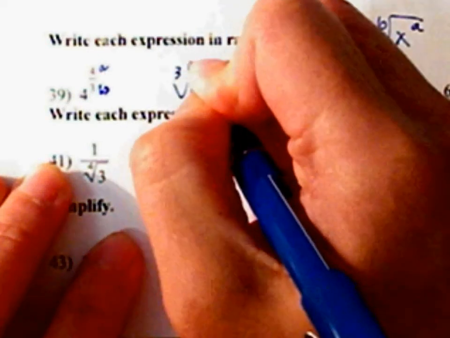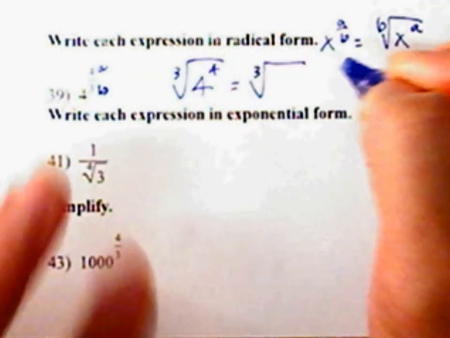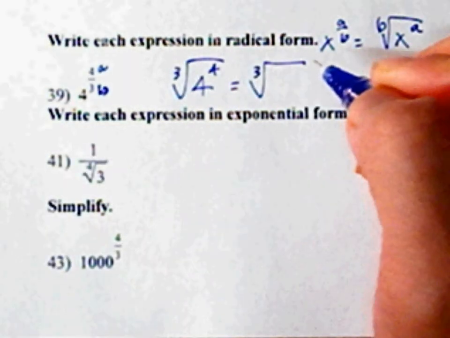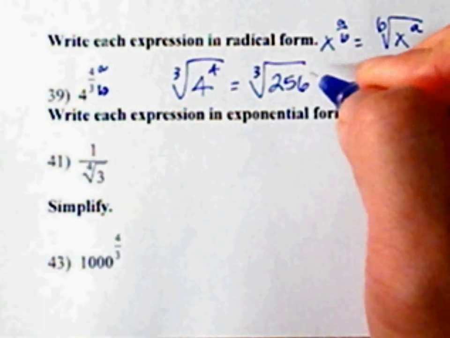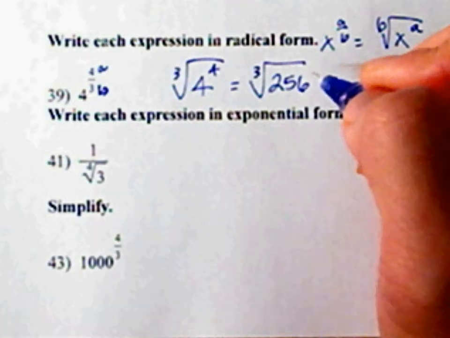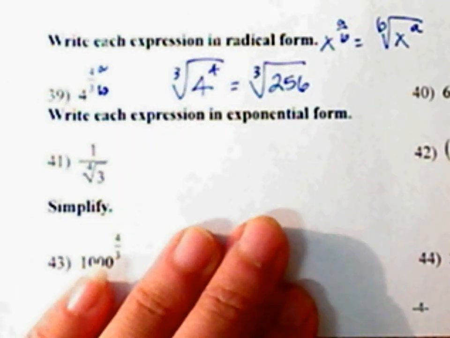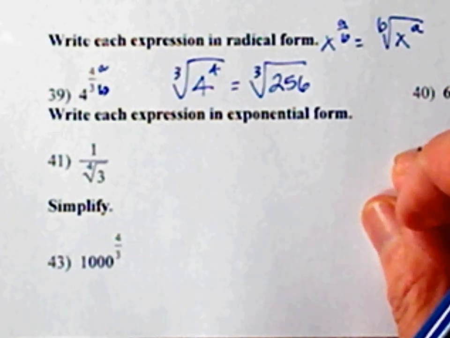You have to finish this. What is 4 to the 4th power? Comes out to be 256. What is the cube root of 256? Look at your paper. The cube root is not a perfect number, so we need to finish it, okay?